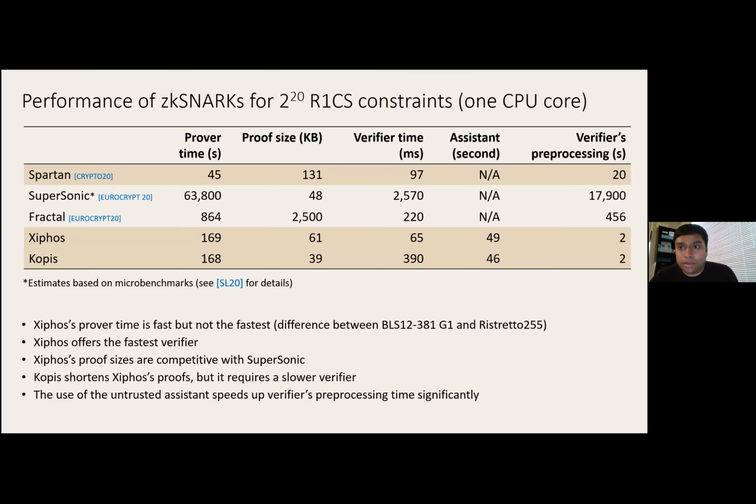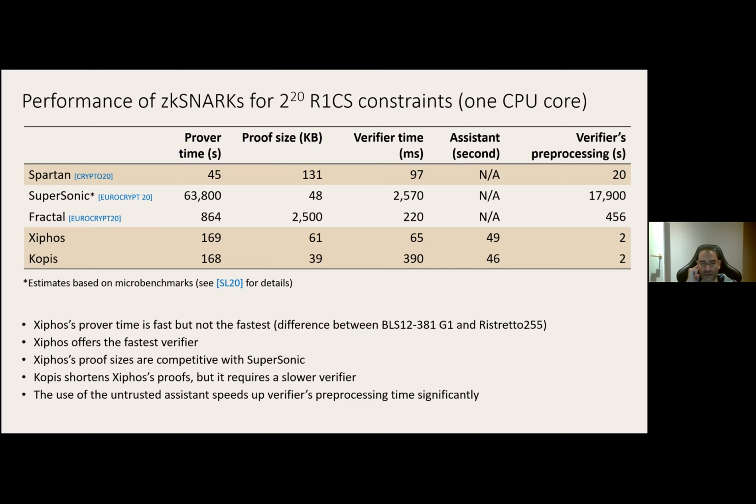So Spartan is a factor of 2 faster. Right, okay. Yeah, because the BN254 curve is about the same size as Ristretto255. Wait, I thought you said Spartan uses Dory. Oh no, Xiphos uses Dory. Okay.